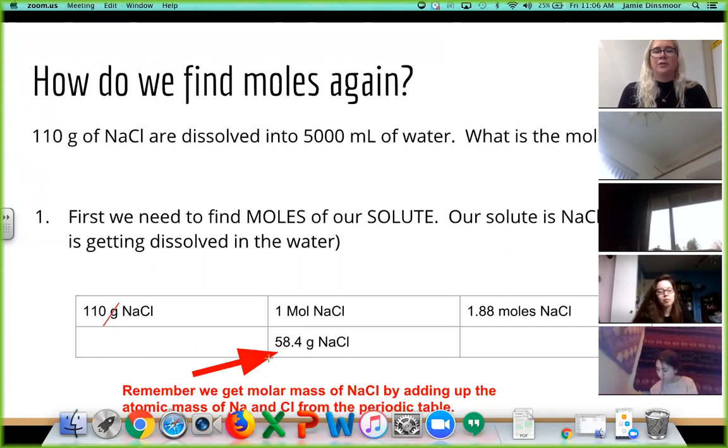So grams will cancel, and we're left with just moles of NaCl. So that's great. That's the first step that we needed, was our moles of our solute. So we know that if we do this math, 110 divided by 58.4, we get 1.88 moles of NaCl. Not so bad so far.